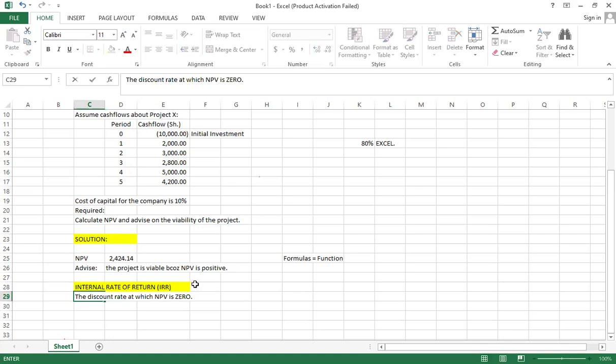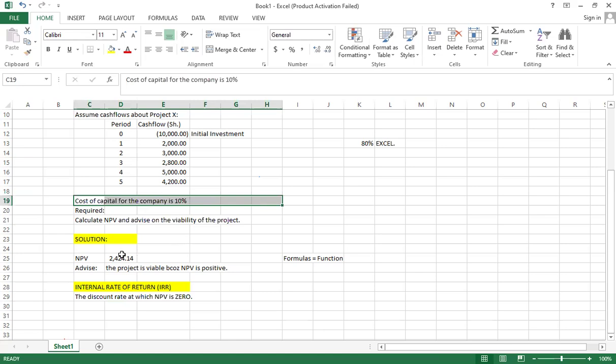that originally the cost of capital was 10% for this example. When we calculated NPV, we got that 24.